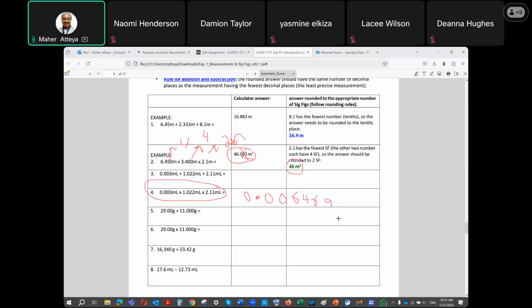You have to write the whole number from the calculator as is. Then 26 after the 9. Write the whole number as is. Okay, now how many do we have to have out of this one here?